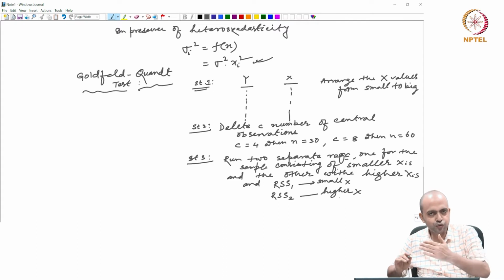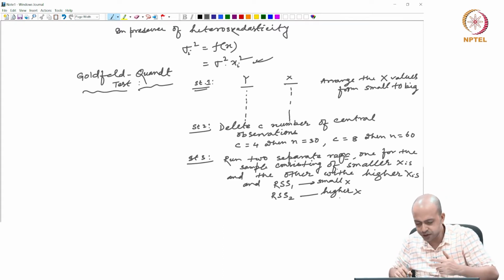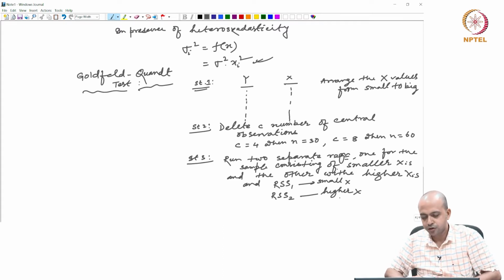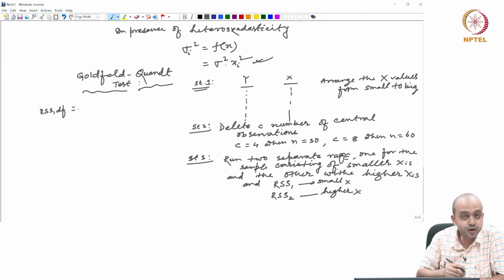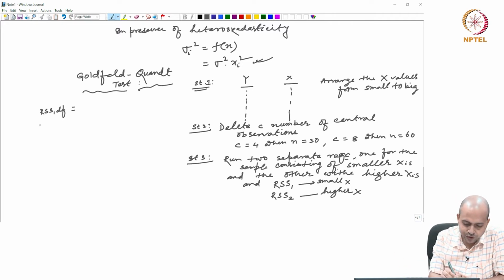If you run two separate regressions, you will get two different RSS. Now, what would be the degrees of freedom for RSS 1 and RSS 2? I have total n number of observations and I have deleted C number of observations.